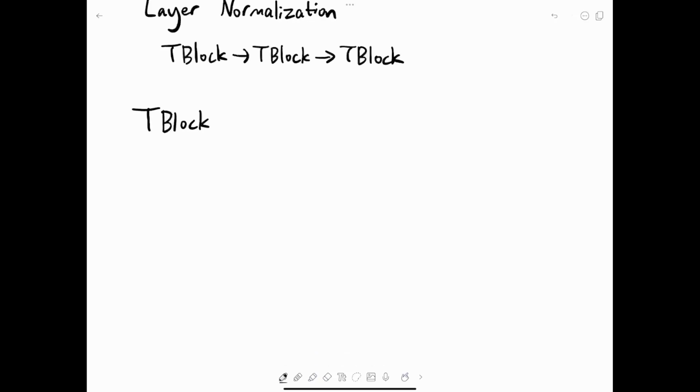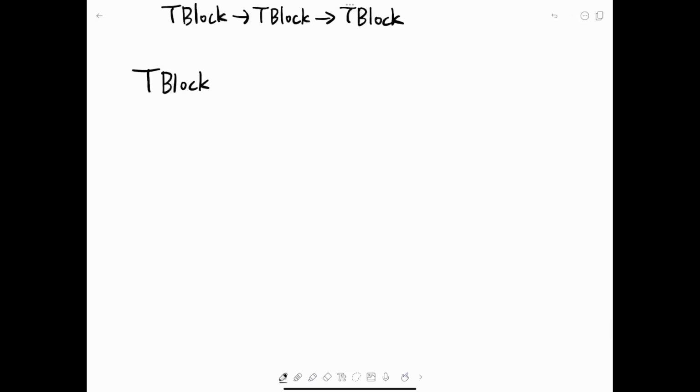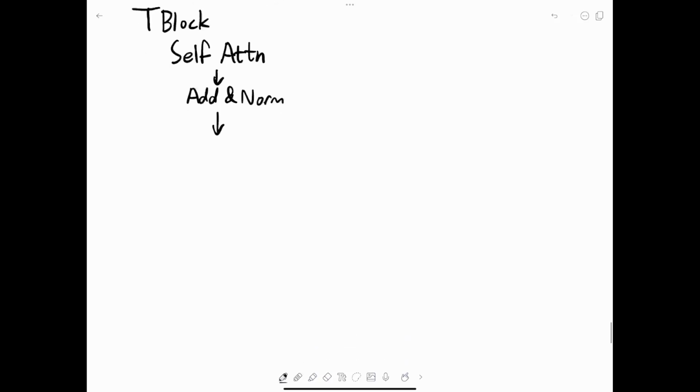We'll have self-attention, and then we'll have add and norm, and then we'll have a feed-forward neural network, and then we'll have add and norm again. And that's a transformer block.